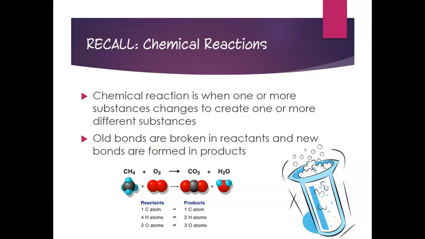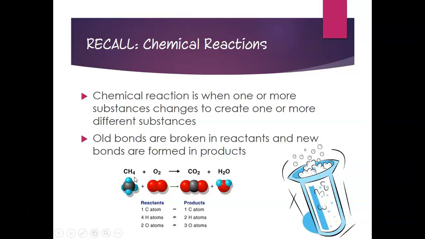So let's take a step back real quick and just remember some important features about chemical reactions. When we define a chemical reaction, it's when we're taking one or more substances, pulling their atoms apart, rearranging those atoms and creating one or more new different substances from what we started with.